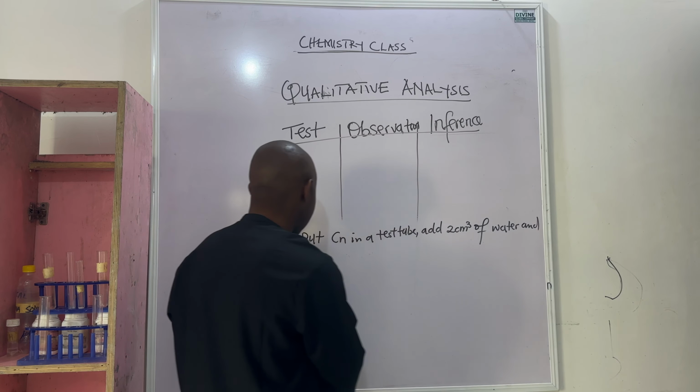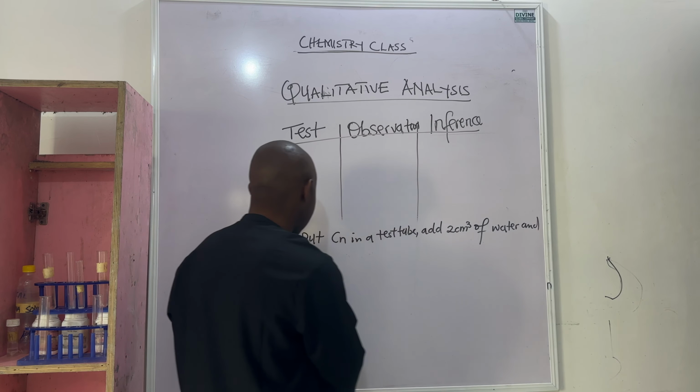So we said we should add like 2 ml of water. We now shake. You now observe whether this salt is soluble or non-soluble. After this step, I will tell you the major characteristics of certain salts when they are dissolved in water. You can see now, this salt is soluble. What we mean by soluble is that it dissolves in water.